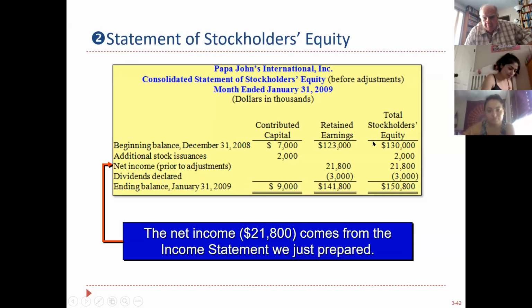At the beginning of January, in other words the ending of December, your total equity was 130. It consisted of $7,000 that Papa John raised with a stock issue. Then they made profits over the years that totaled $123,000, assuming no dividends. If there were dividends, okay, still 123.